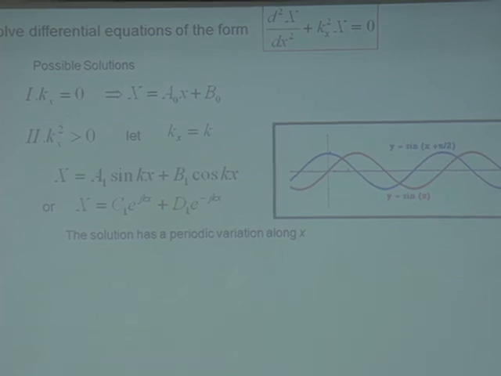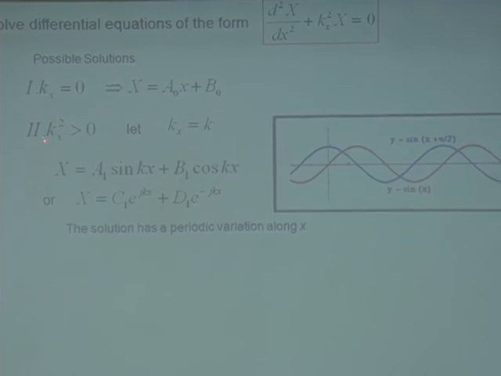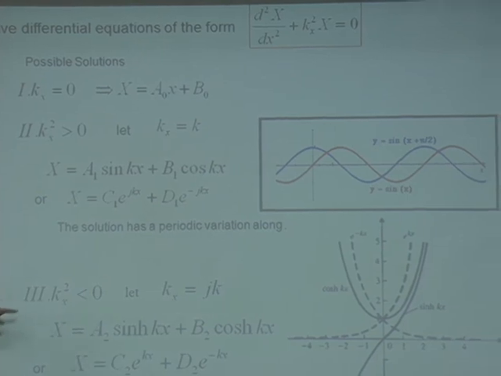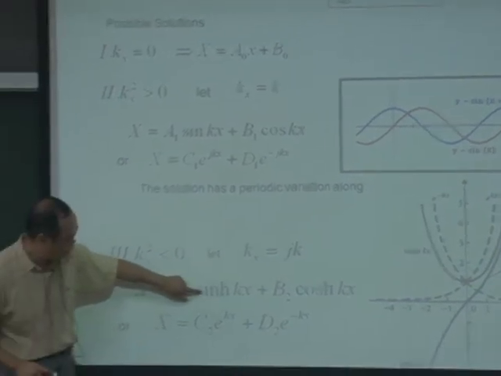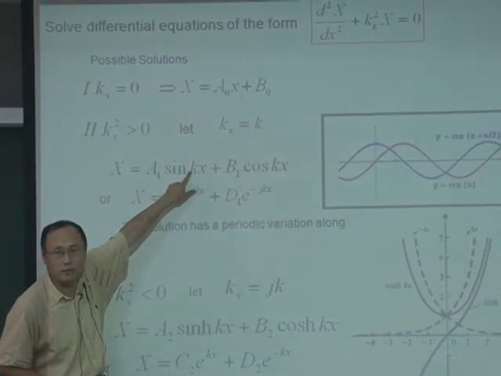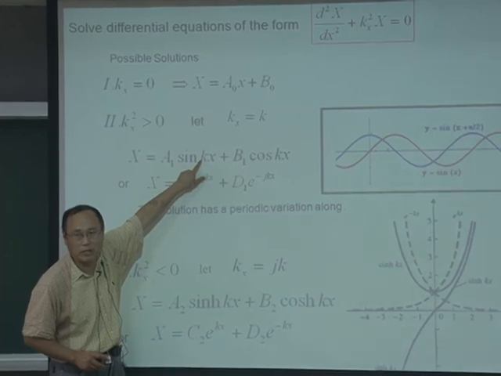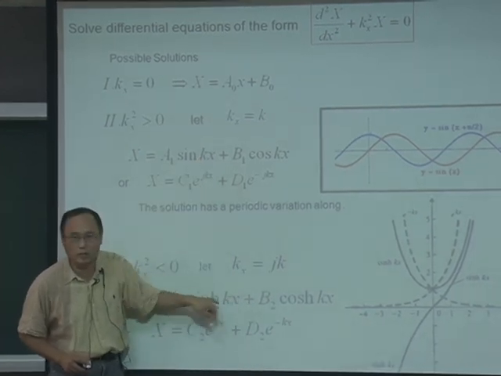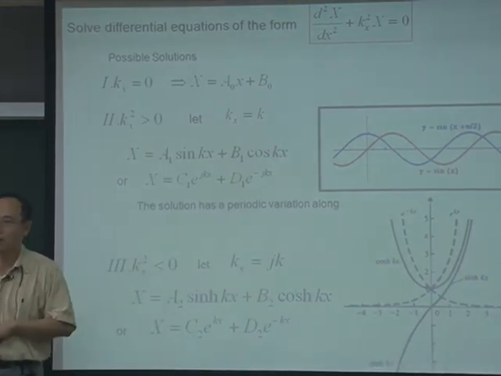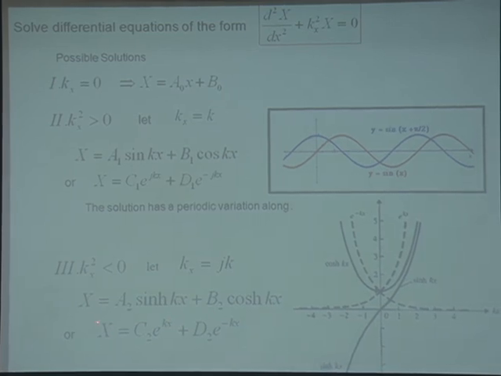Okay, for the third solution, kx squared is less than 0. Then you have sinh and cosh or exponential. 你这个变成小于0之后，你可以把它写成 sinh 或 cosh，因为这里头变成虚数了。Sin cosine, if you have an imaginary unit inside sin cosine, then you can convert it into sinh and cosh, hyperbolic sine, hyperbolic cosine. Or you can just spell it out and have this solution.